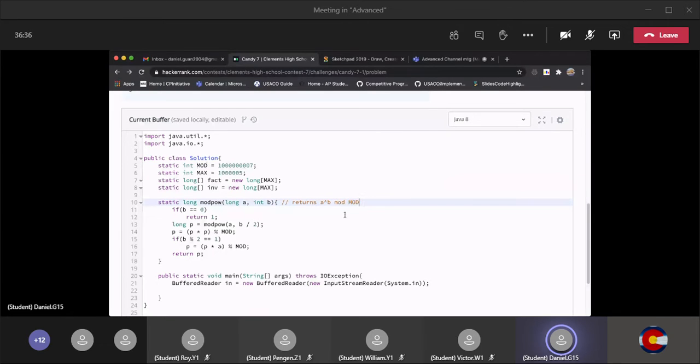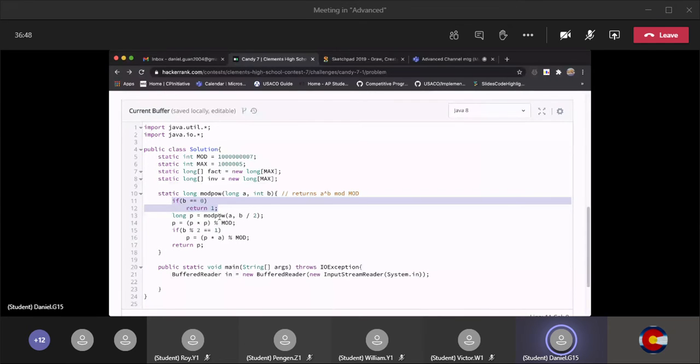Basically, I'll run through this method. If b equals 0, that means it's a to the power 0. Anything to the power 0 is 1, so you return 1. Otherwise, you do the power a to the power of b over 2, and then you square that.